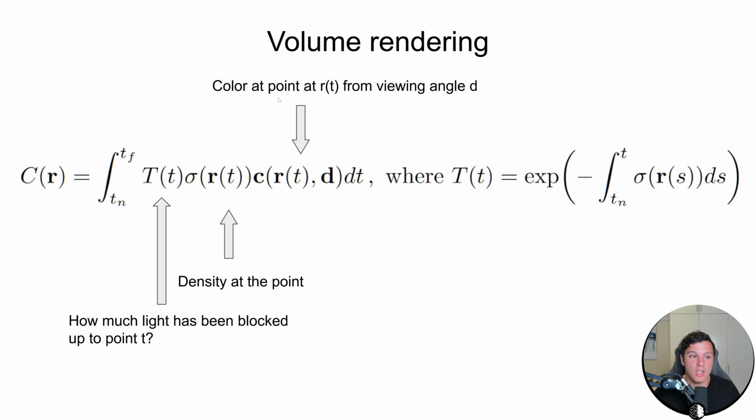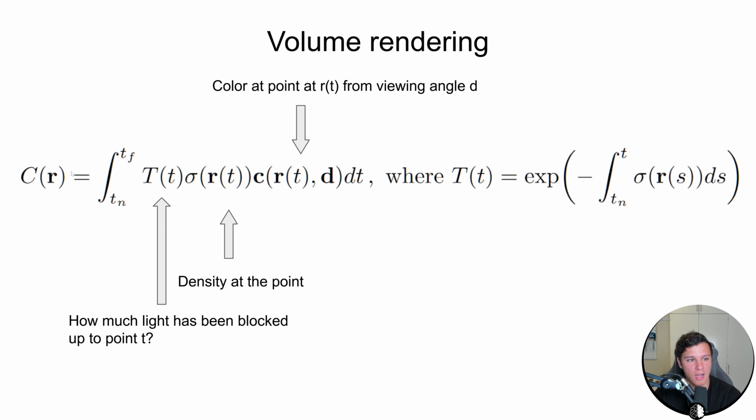And that's the color. That's how we get the color for a particular ray. So that's all you need to know. What we get with this traditional method is a color for a ray that we've shot out from a particular point in this input image.